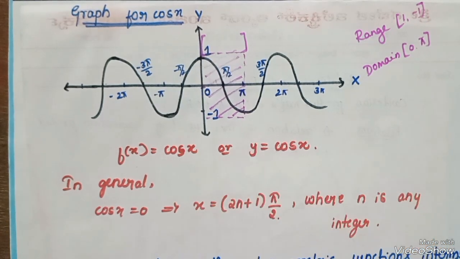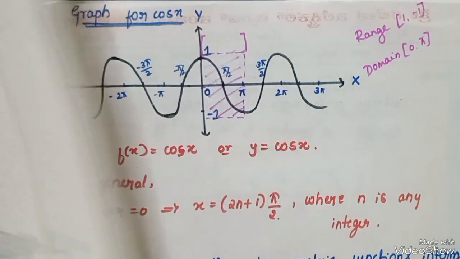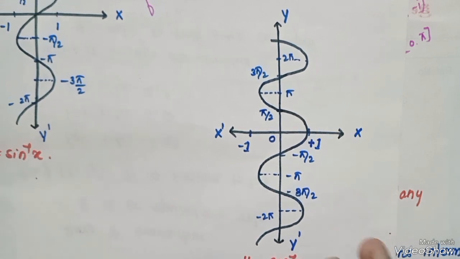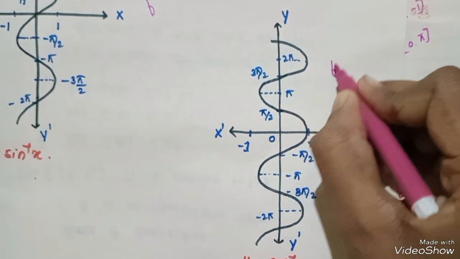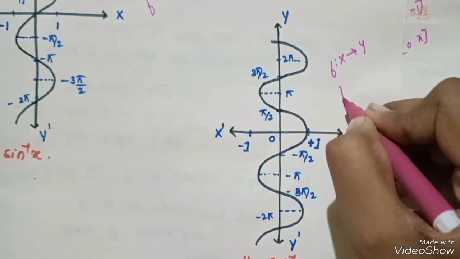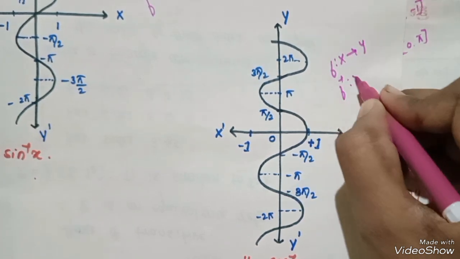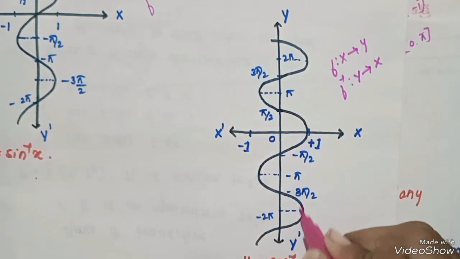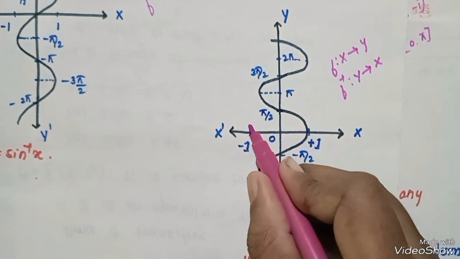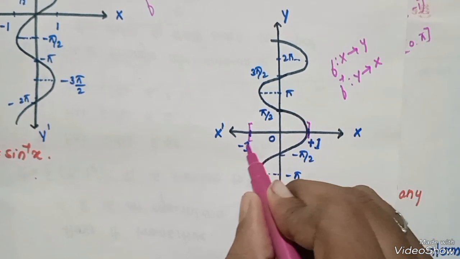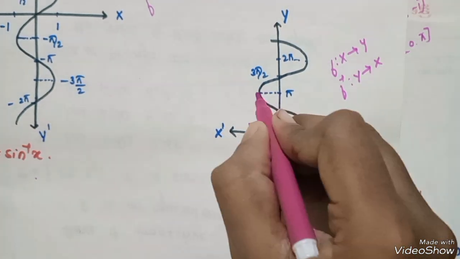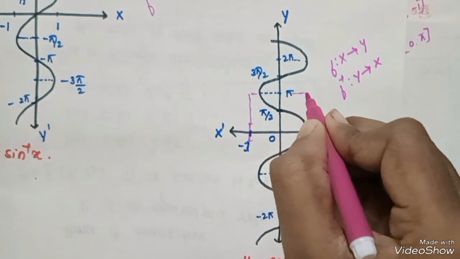For the inverse function we consider the graph of cos inverse x. Similar to the sine function, the function f from x tends to y has an inverse that changes from y to x. The graph looks like this. For values from -1 to 1, all values exist, and it varies from 0 to pi.